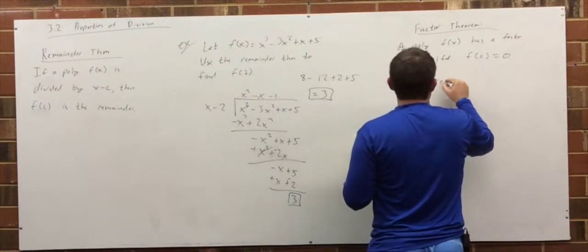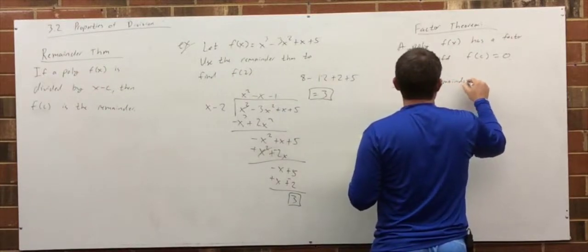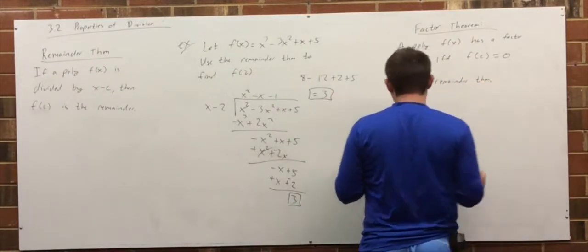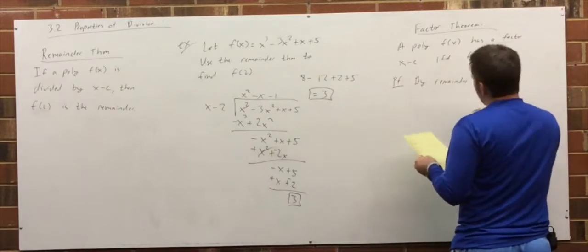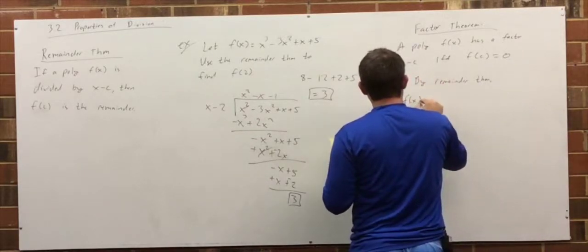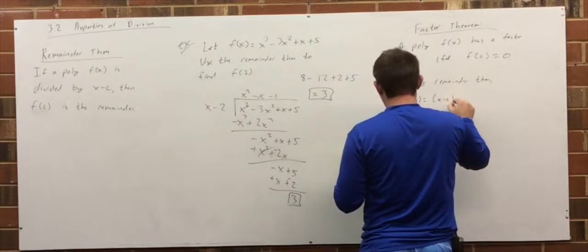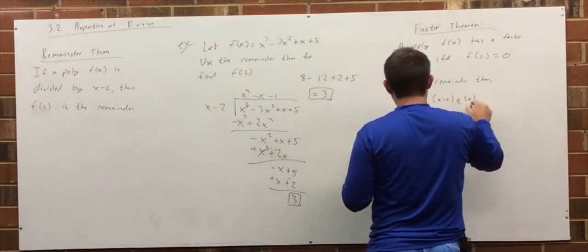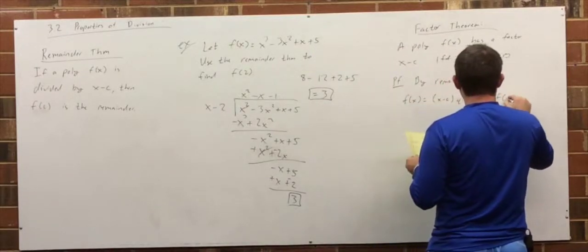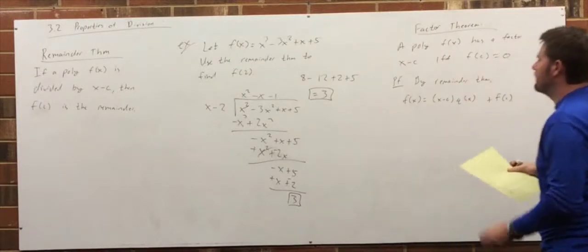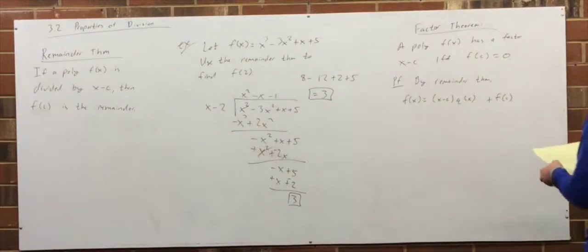By the remainder theorem, we know that f of x equals x minus c times some quotient plus f of c. That's exactly what our remainder theorem is telling us. Right?